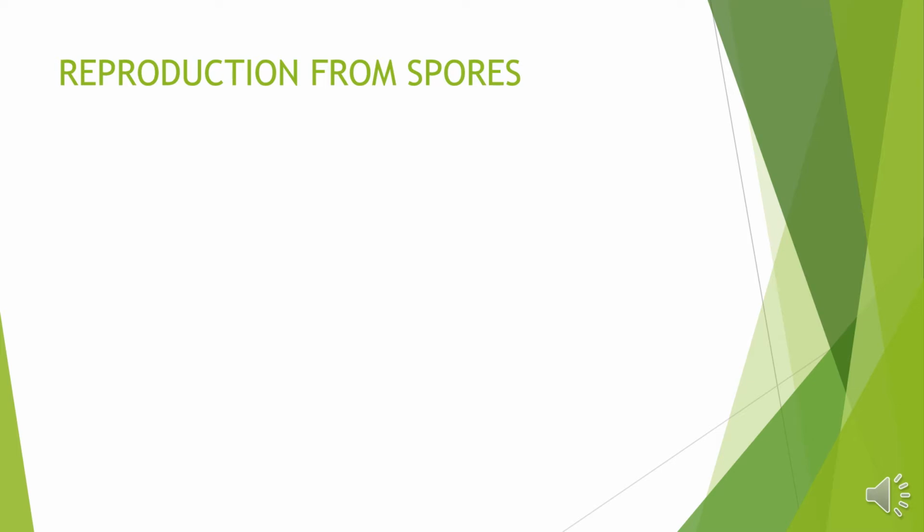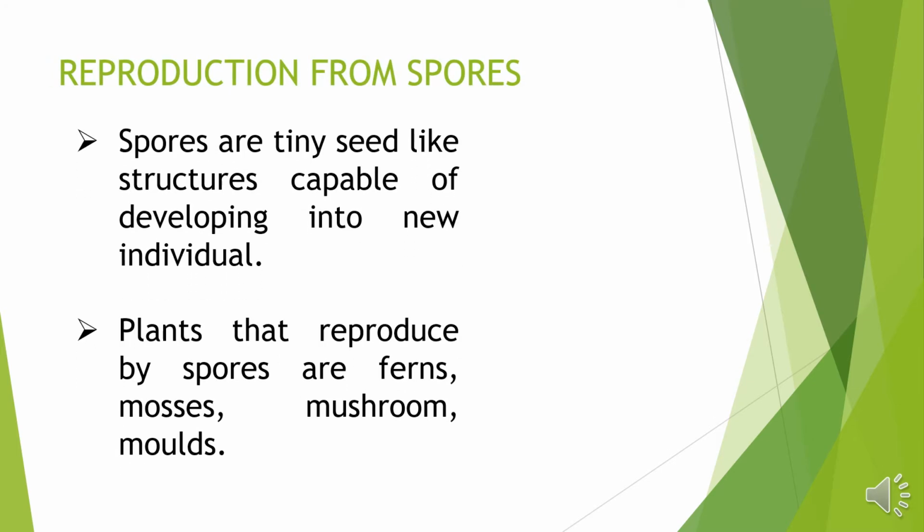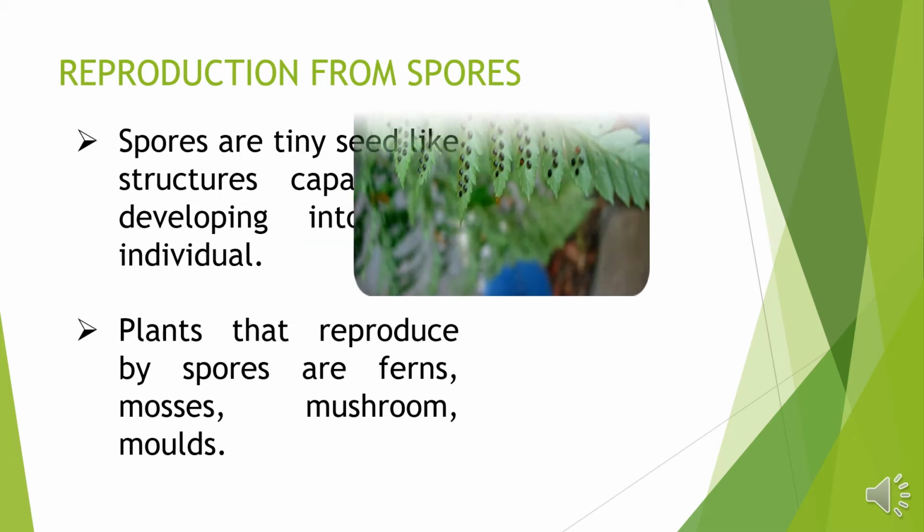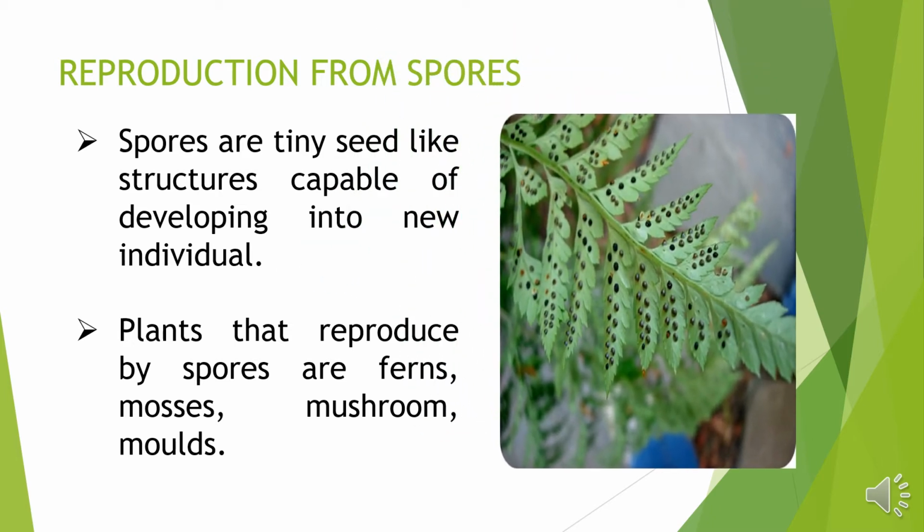Reproduction from spores: spores are tiny seed-like structures capable of developing into a new individual. Plants that reproduce by spores are ferns, mosses, mushrooms and molds.